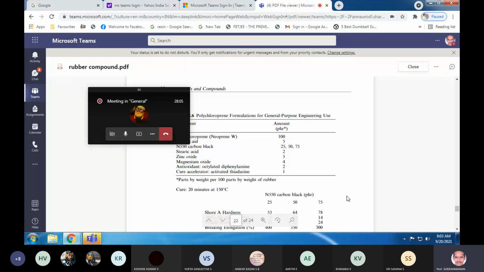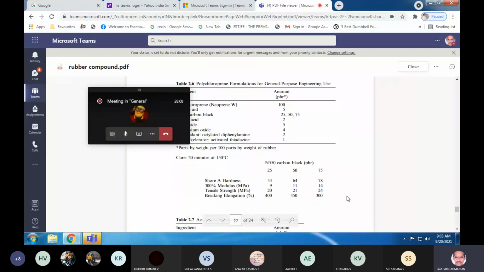If we have chosen the polychloroprene rubber, we often come across products based on the hardness. In case of NR also, we saw the hardness specification, right? Here we have the hardness specification 25, 50, 75. So the hardness is about 50, 65, 80.